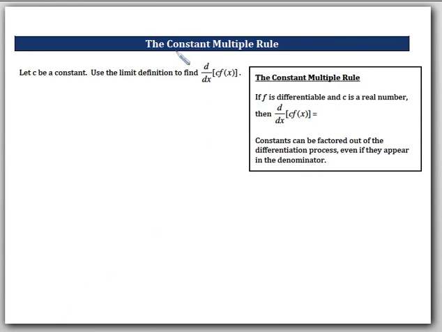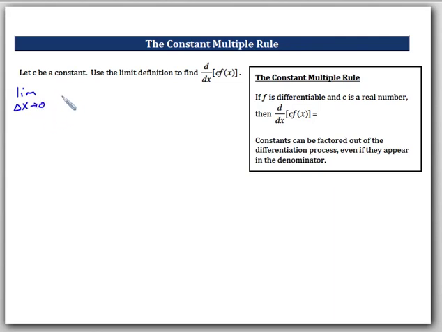Next, we want to talk about the constant multiple rule. And again, we're going to use the limit definition to help us find what happens when we take the derivative of a function that's being multiplied by a constant c out in front. All right, so we're going to take the limit as delta x goes to 0.